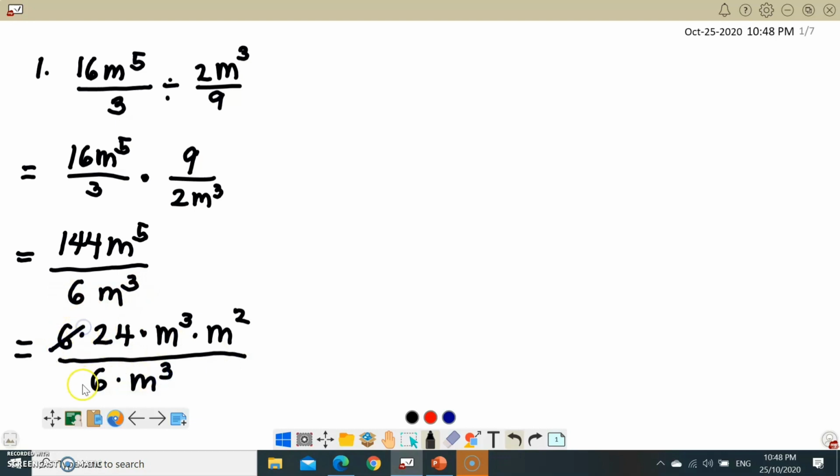So we cancel 6 and 6. The quotient is 1. m cubed and m cubed, the quotient is equal to 1. Then we have 1 multiplied by 24 multiplied by 1 multiplied by m squared, which is 24m squared, over 1 times 1, which is equal to 1. And we now have the quotient as 24m squared.